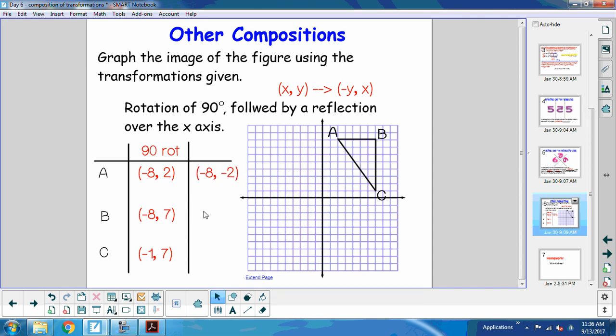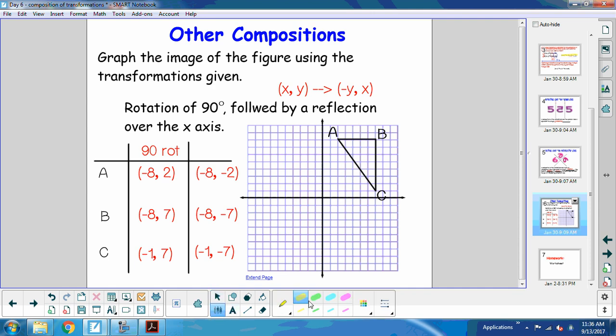Same thing here. My x-coordinate is going to stay the same. It's my y-coordinate that changes values. And then last one, x-coordinate stays the same. The y value is now negative.